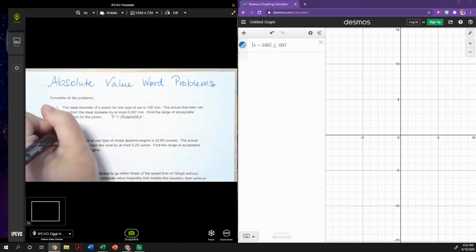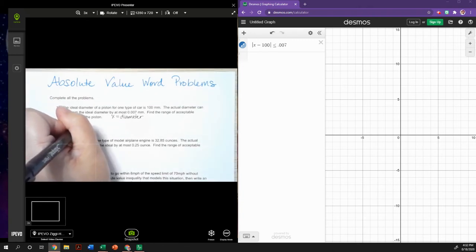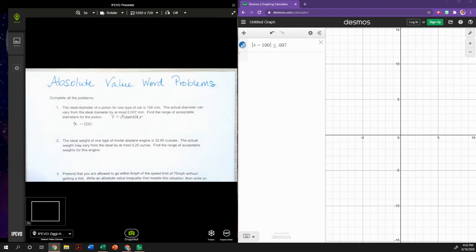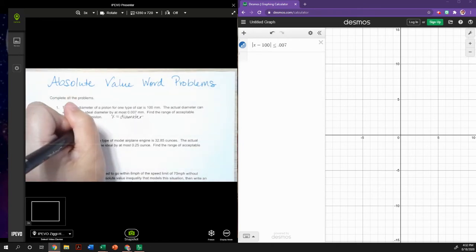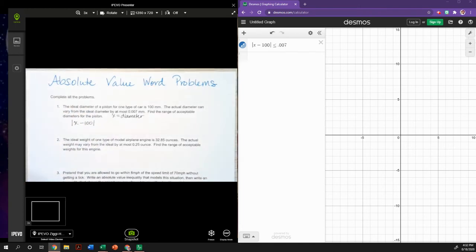All right, so I'm going to take the diameter that I'm given and I'm going to subtract the ideal diameter. And I always want that to be positive. The reason I want it to be positive is because I'm dealing with a measurement, and nothing here is going to measure negative.